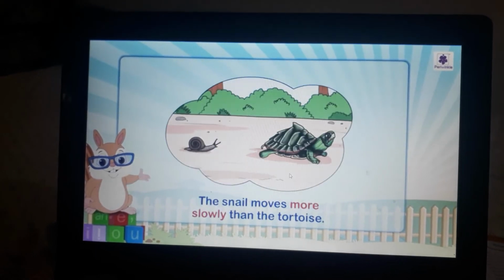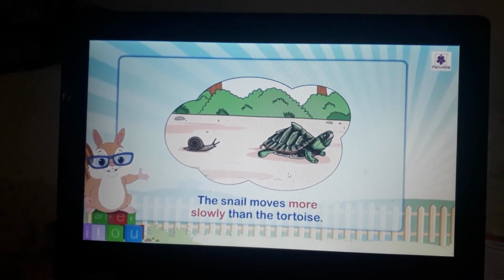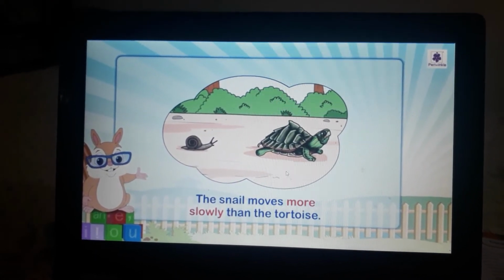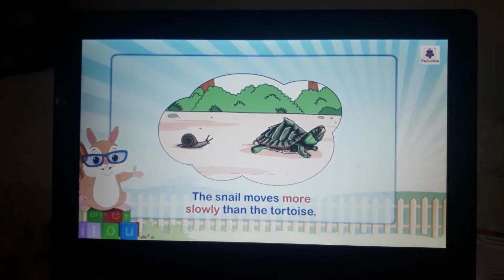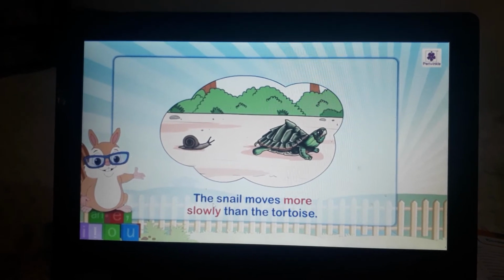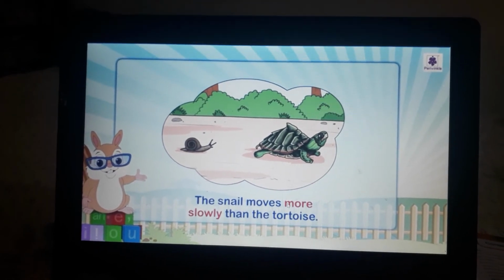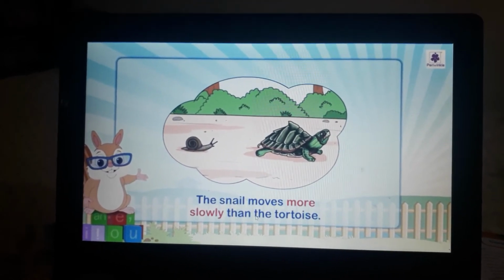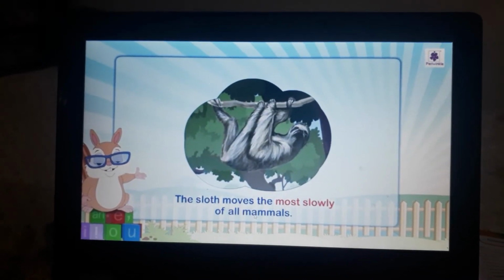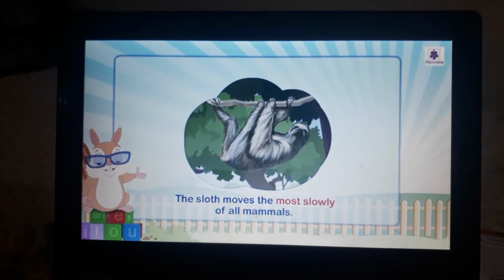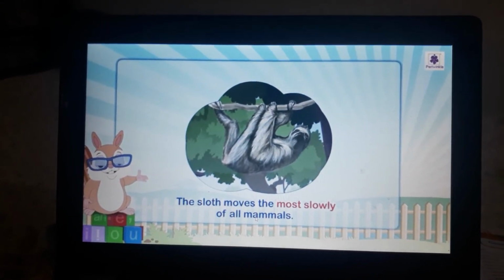The comparative will be: the snail moves more slowly than the tortoise. It is the comparative degree. Then the sloth moves the most slowly of all mammals.